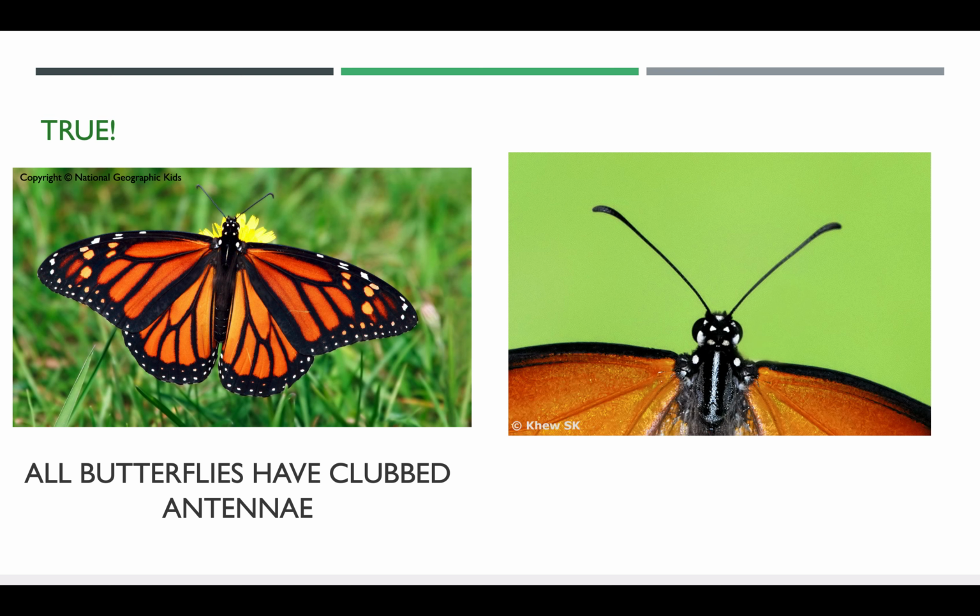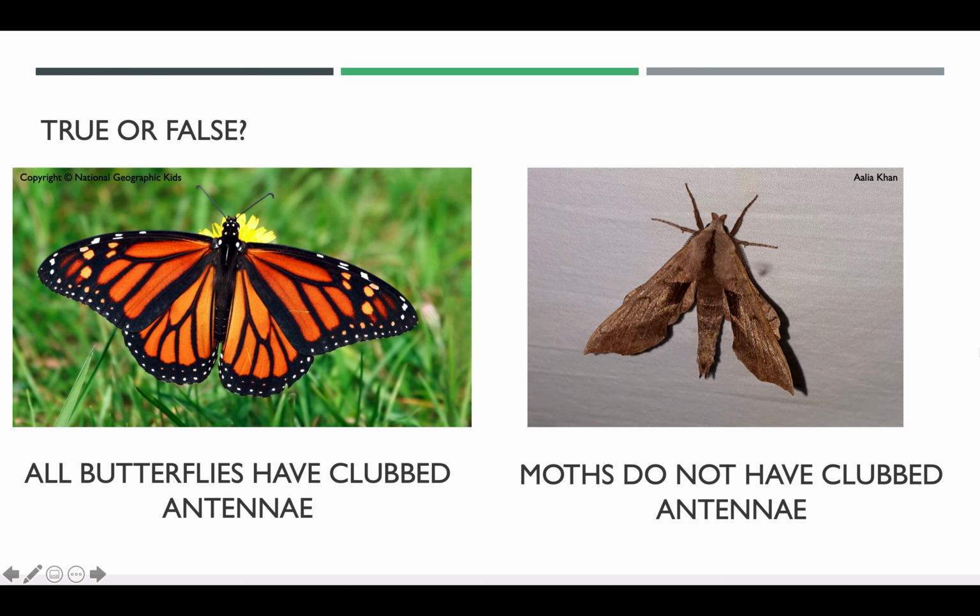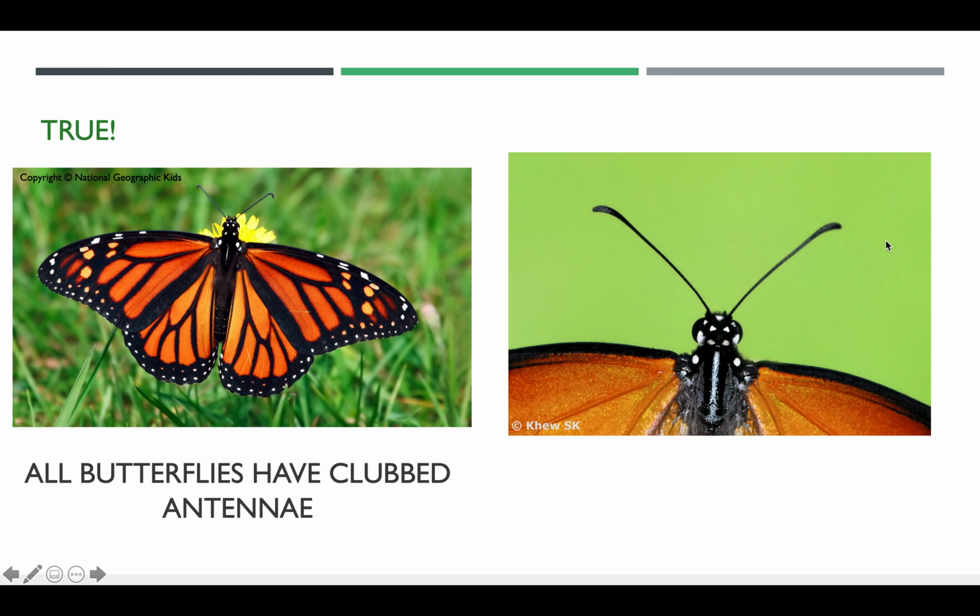There are very few exceptions, but almost all butterflies have clubbed antennae. Clubbed antennae are these really thin antennae with these knobs at the end, and butterflies typically have them, whereas moths will not. You'll notice that this moth does not. Well, you can barely see its antenna actually. But yeah, so these clubbed antennae are very characteristic of butterflies.